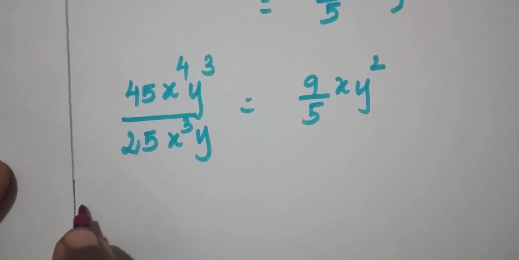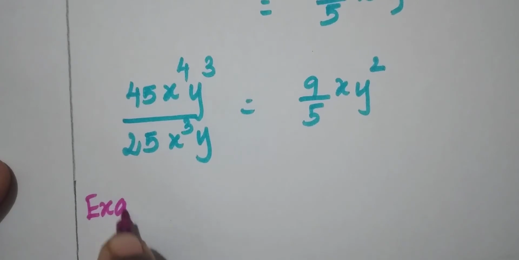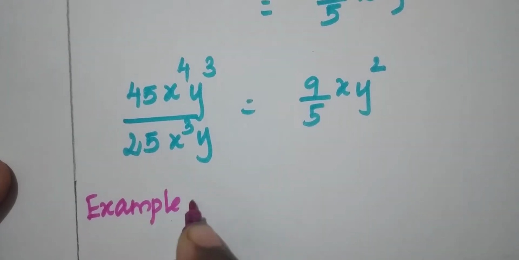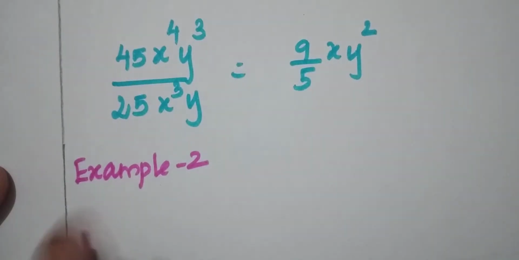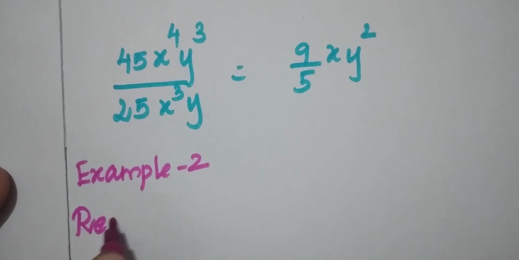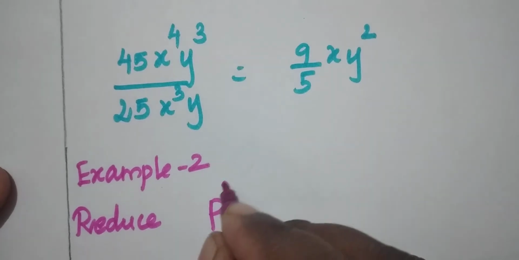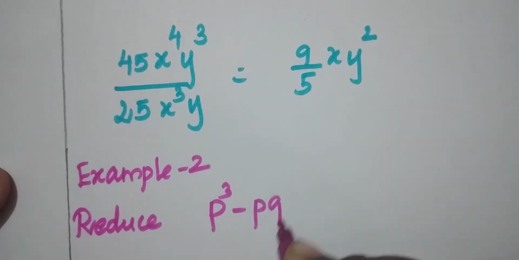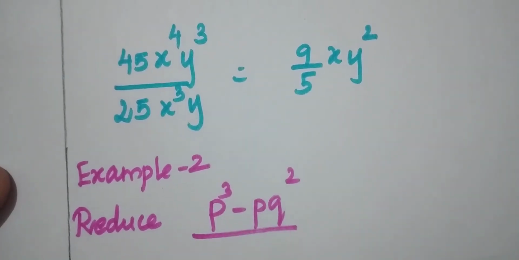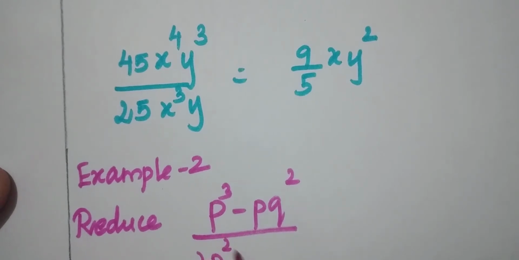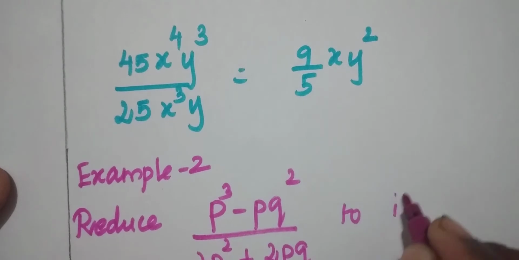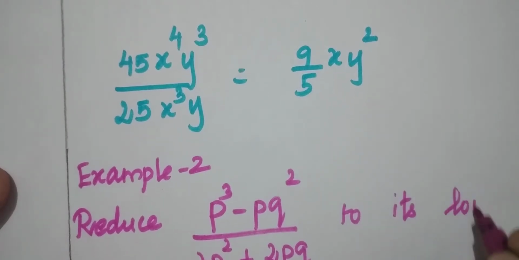Next one is example 2. Reduce p cube minus pq square divided by 2p square plus 2pq to its lowest terms.